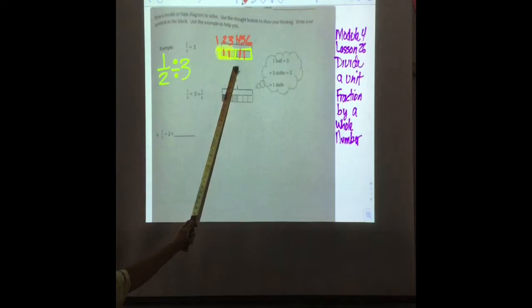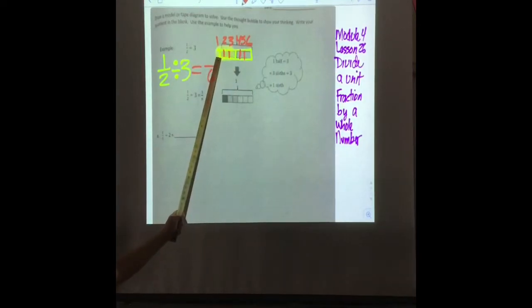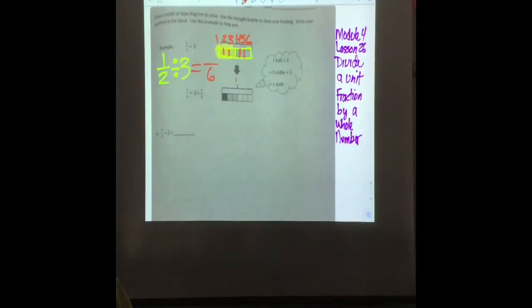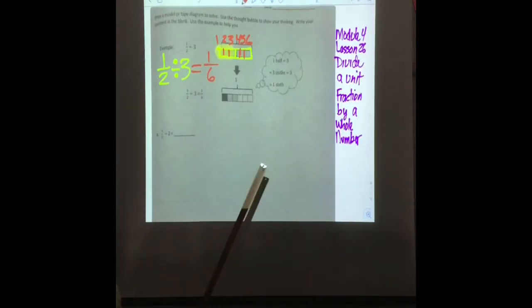So what's our bottom number going to be? It's going to be a 6. And what's the value of one of these? It's 1/6. Okay?